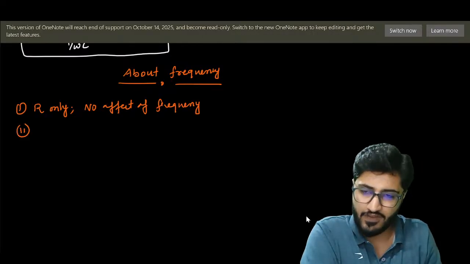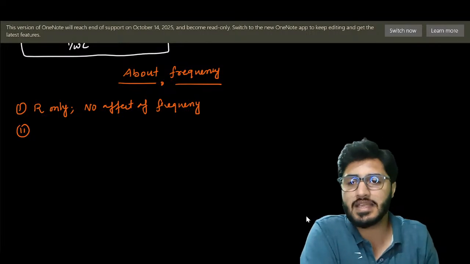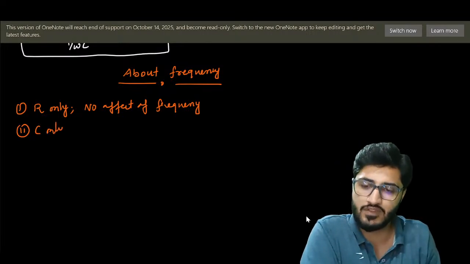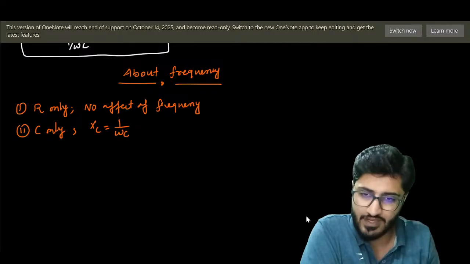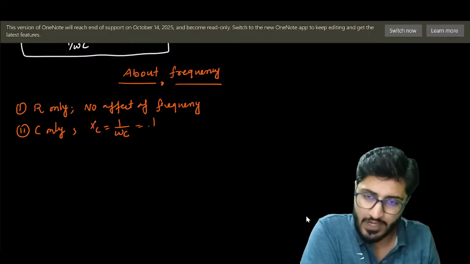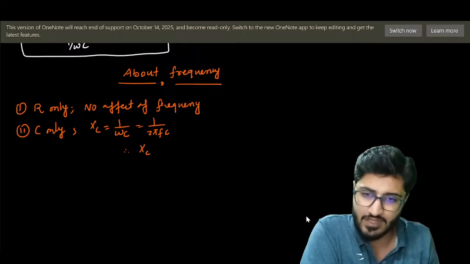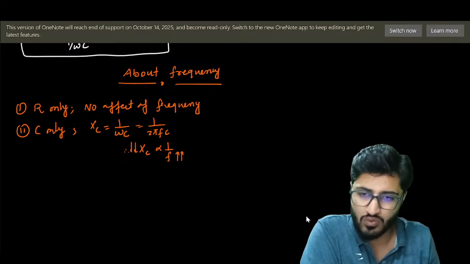Second, if we are talking about capacitor C only, what is XC? It is 1 divided by omega C, I can write 1 divided by 2 pi f into C. Therefore, my resistance XC is inversely proportional to frequency. If frequency is more, resistance is low.